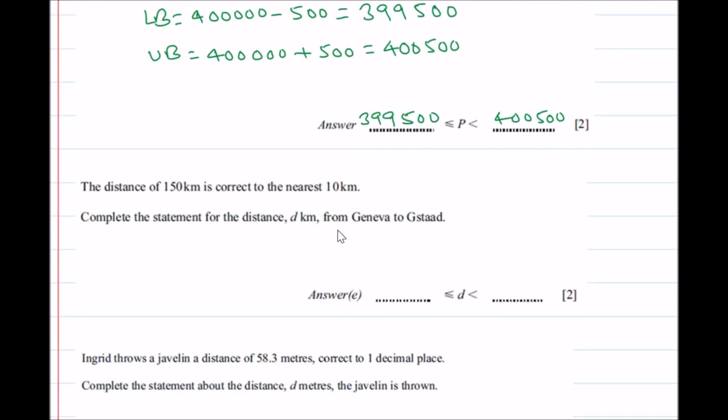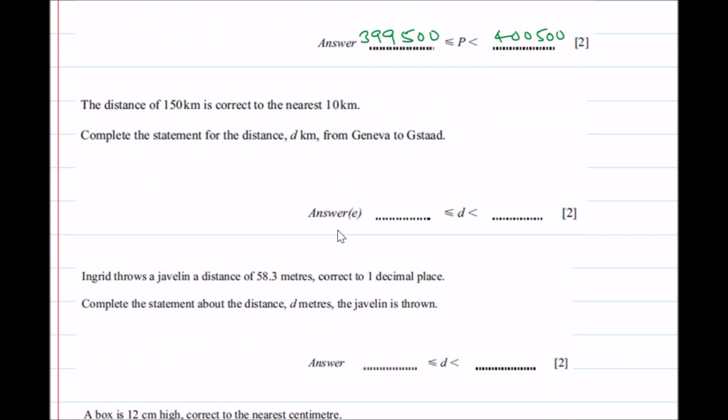Now let's take the next question. The distance of 150 kilometers is correct to the nearest 10 kilometers. See here, 150 kilometers is given, and this is correct to the nearest 10 kilometers. So what will we do? Take 10 divided by 2. We get 5. That means to find the lower bound, we will subtract 5, and to find the upper bound, we will add 5 to 150.